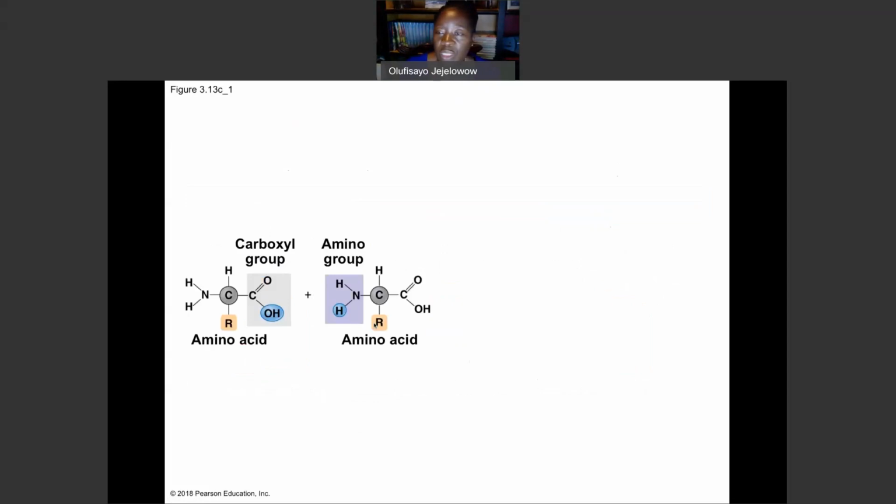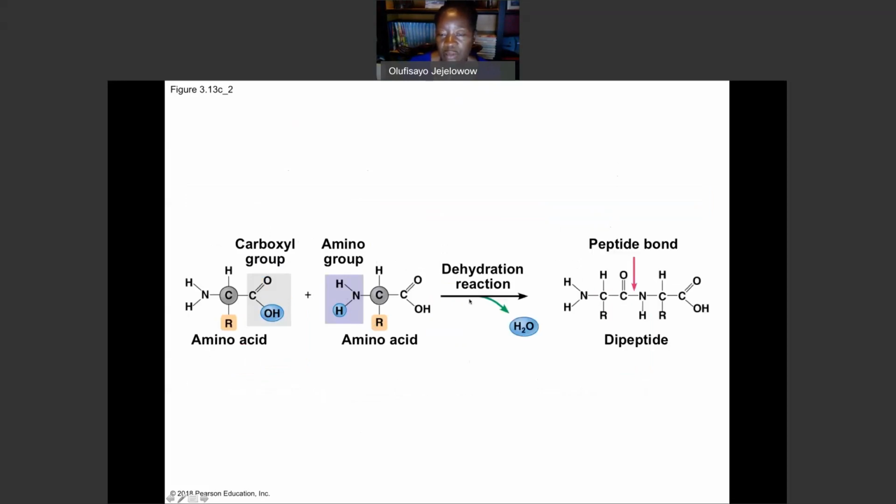So this is showing the dehydration synthesis of proteins. So this is one amino acid, the second amino acid, and the dehydration reaction takes place. A bond is formed now between carbon and nitrogen.